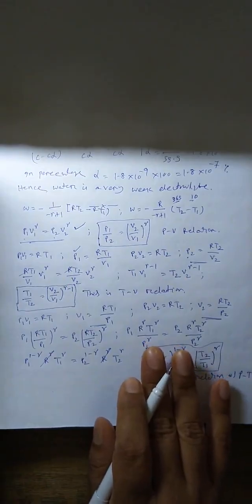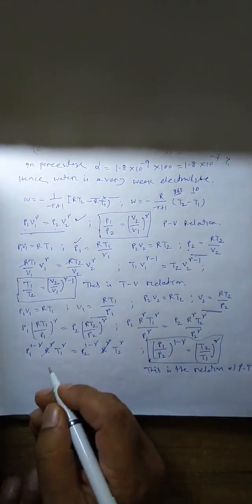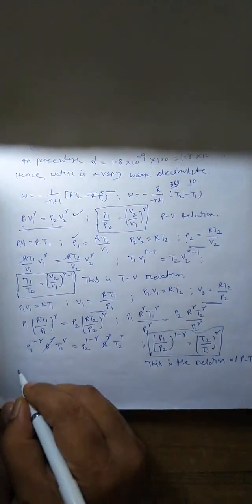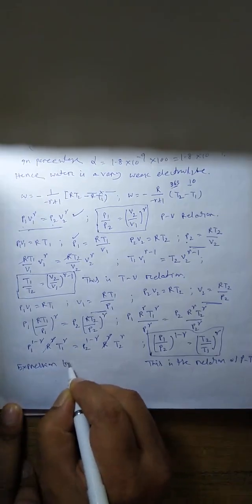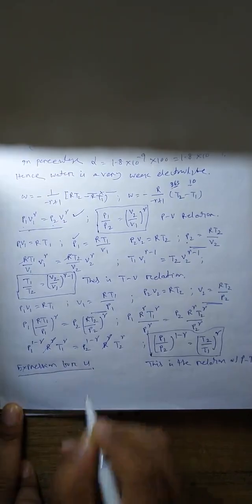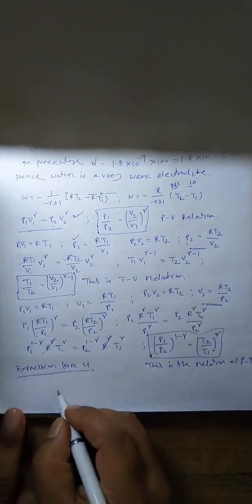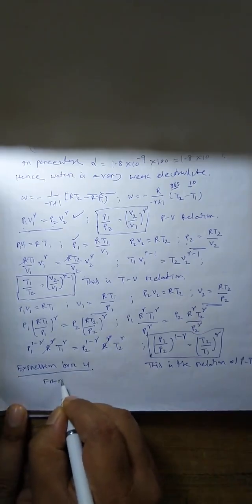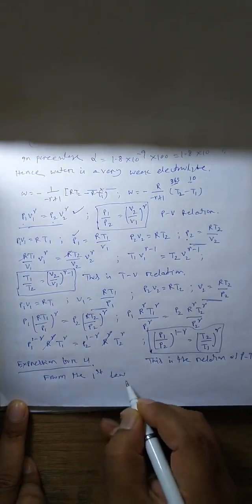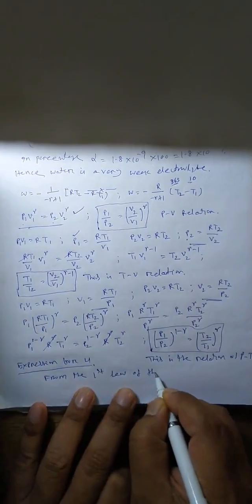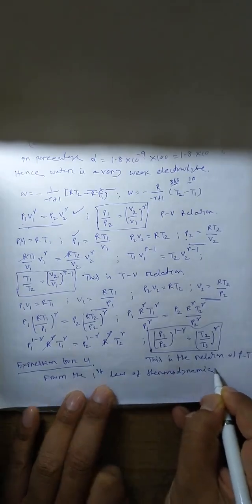Similarly, we derived the expression for work W. Similarly, we derive the expression for U. You can derive U in two ways. One is from the first law of thermodynamics.